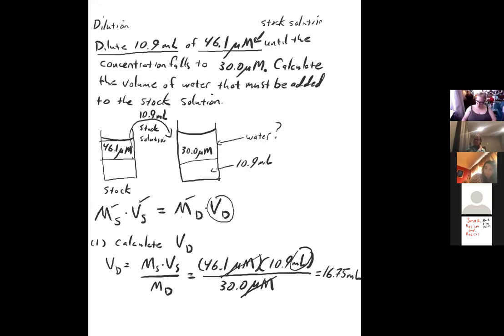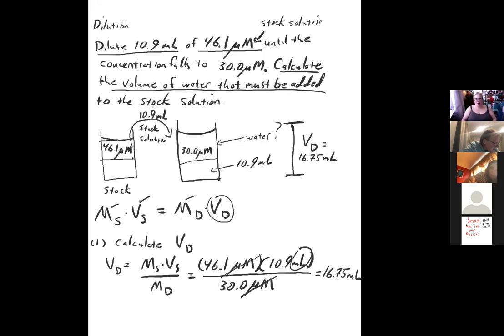Now, what is that volume? That's the total volume. When you do the dilution equation, M1V1 equals M2V2, that's the volume of the dilute solution. So that is 16.75. But the question was, calculate the volume of water that must be added. So it's not asking us for that 16.75, it's asking you for how much water was added.